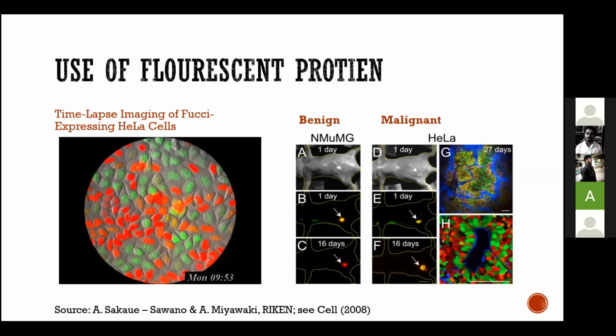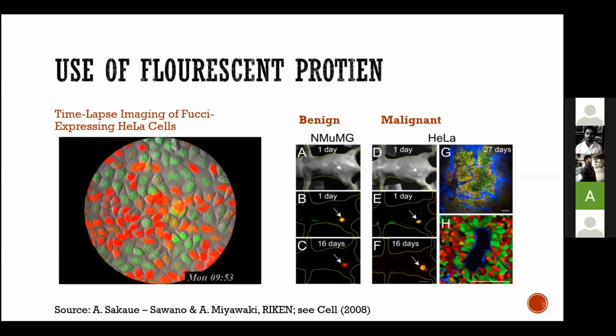So on the 16th day, you can see that the cell mass has grown bigger. As you can compare side by side, in C, which was found to be a benign tumor, the cell mass wasn't bigger, it was there but it wasn't doing anything, it was in interphase.